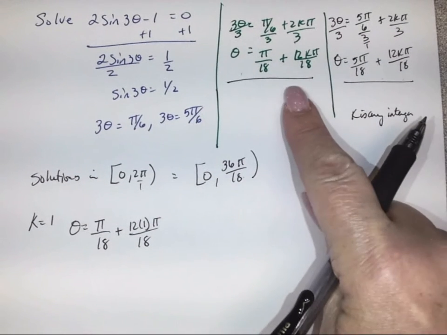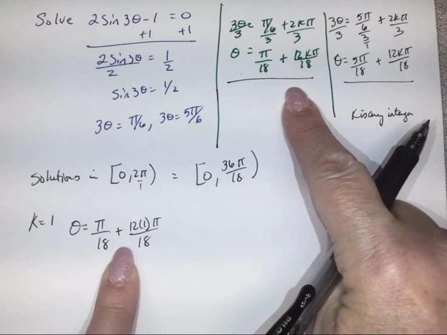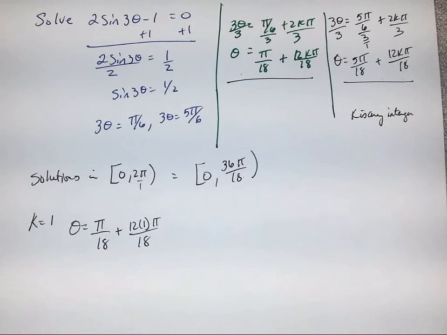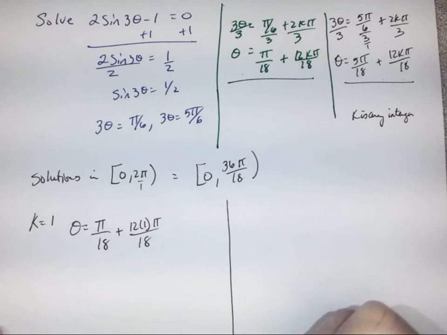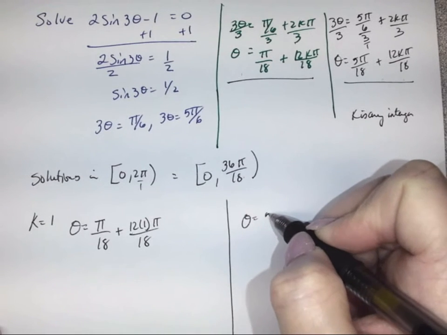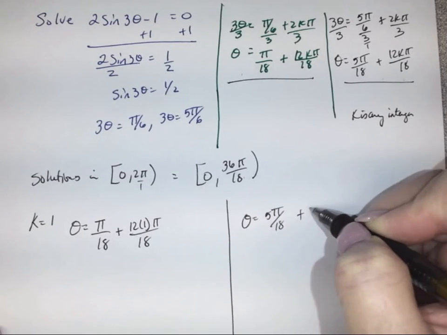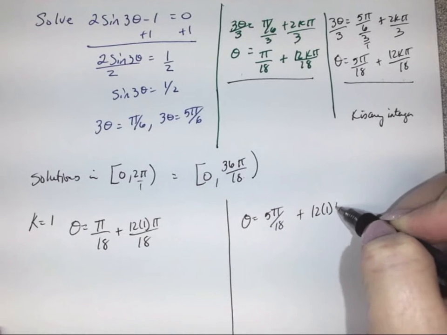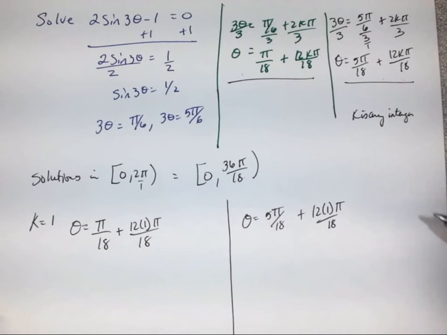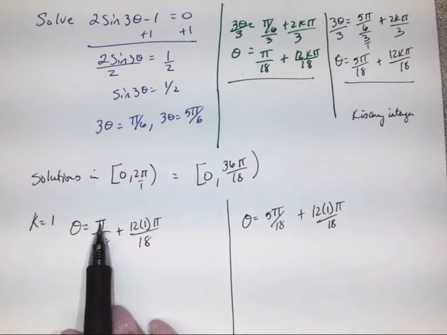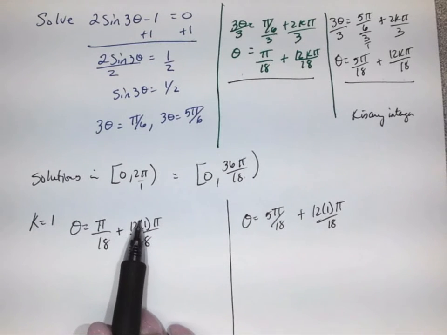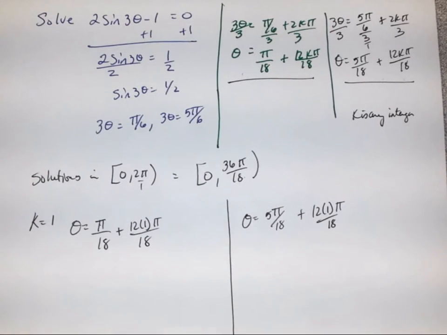So I'm taking that equation and plugging in 1, and then I'm also going to plug it into this one over here. So this will be theta is equal to 5 pi over 18 plus 12 times 1 pi over 18. Well, with 1, it doesn't change at all. So pi plus 12 pi, oh, I forgot to do k is equal to 0. So sorry about that.